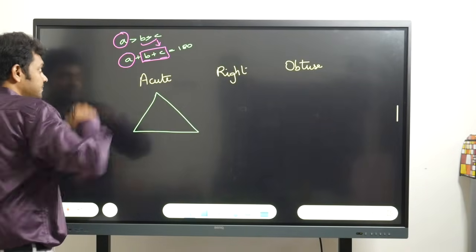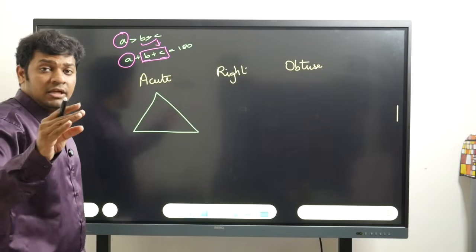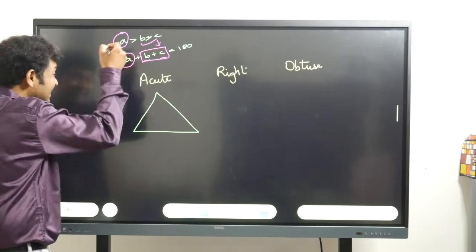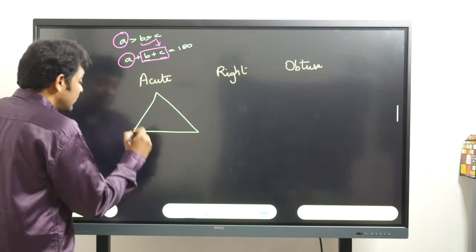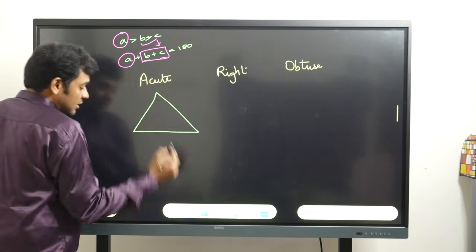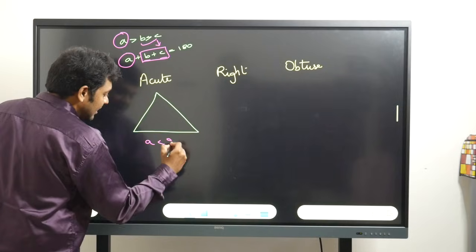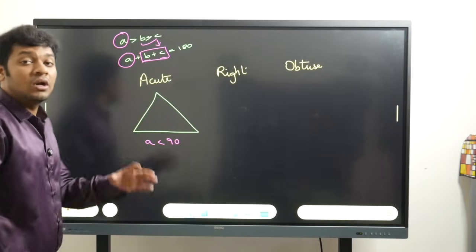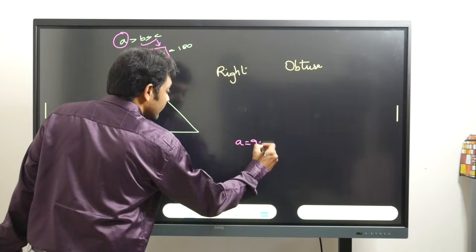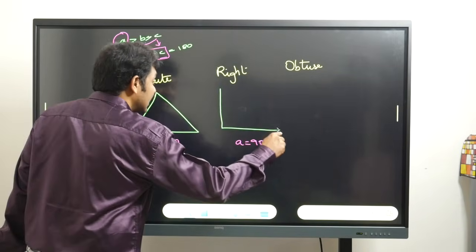This greater angle A can be less than 90, equal to 90, or more than 90. Now, if this greatest possible angle in a triangle, here A, is less than 90, it's called an acute angle triangle. If A, the greatest angle, is equal to 90, it's called a right angle triangle.